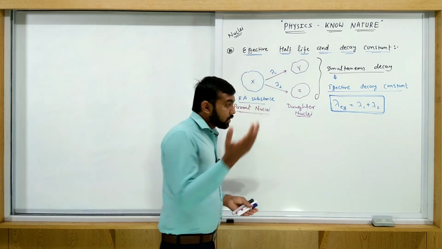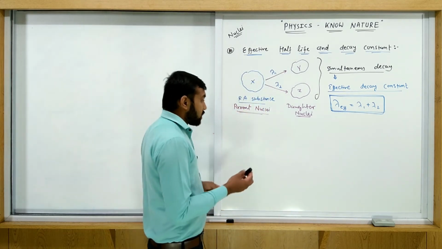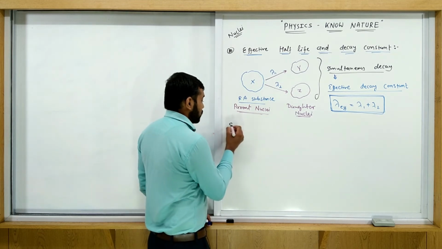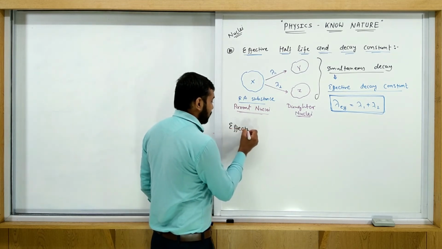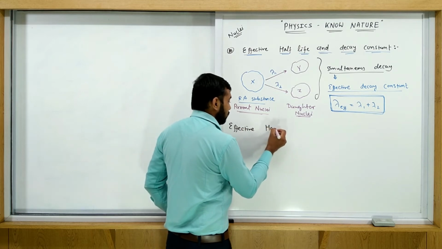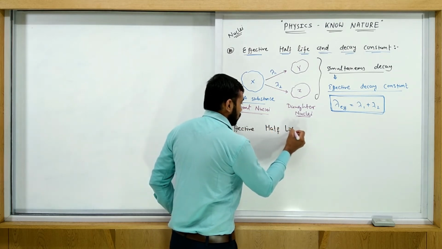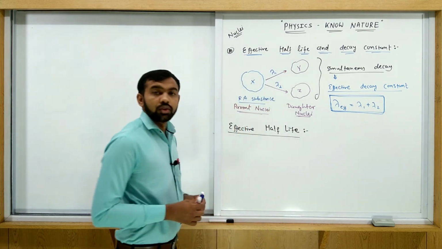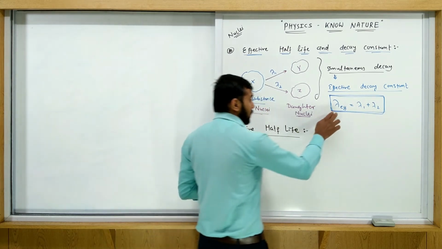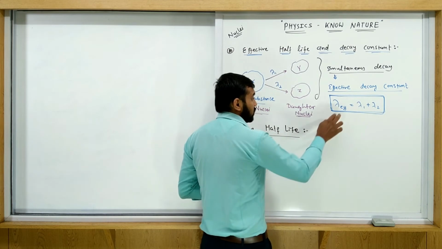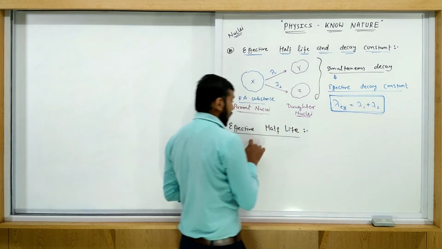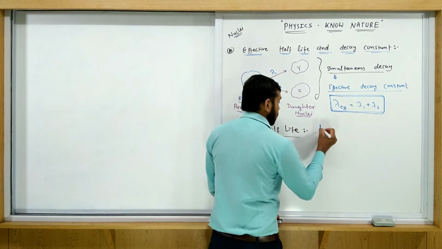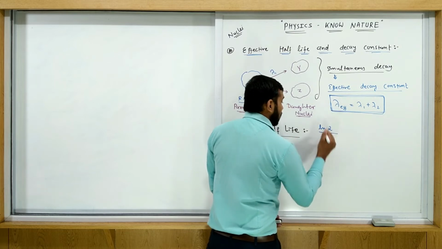Now we already know the equation of lambda, so write down the half-life equation. So what is the effective half-life? Half-life is equal to ln2 upon lambda effective.